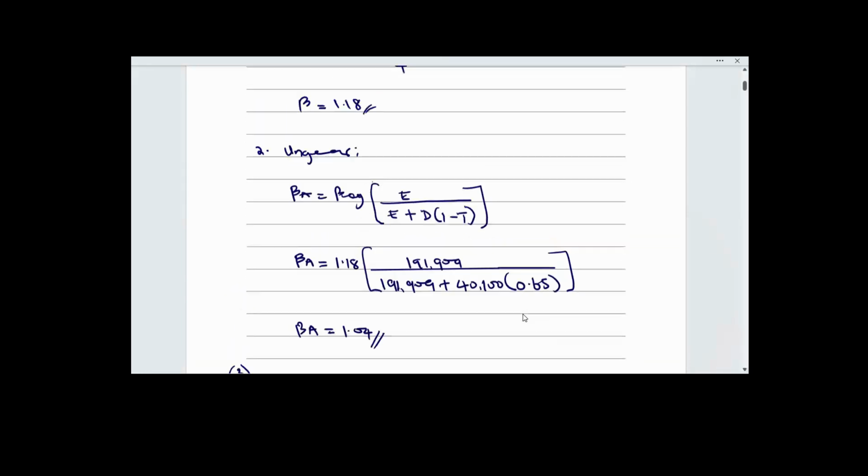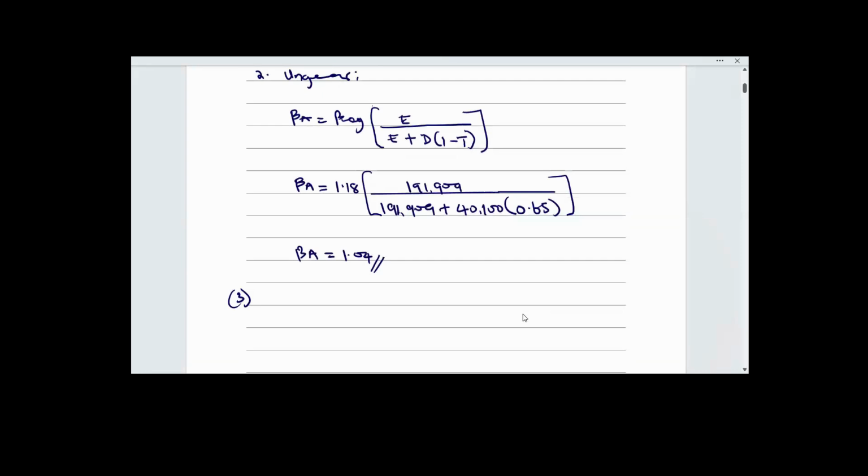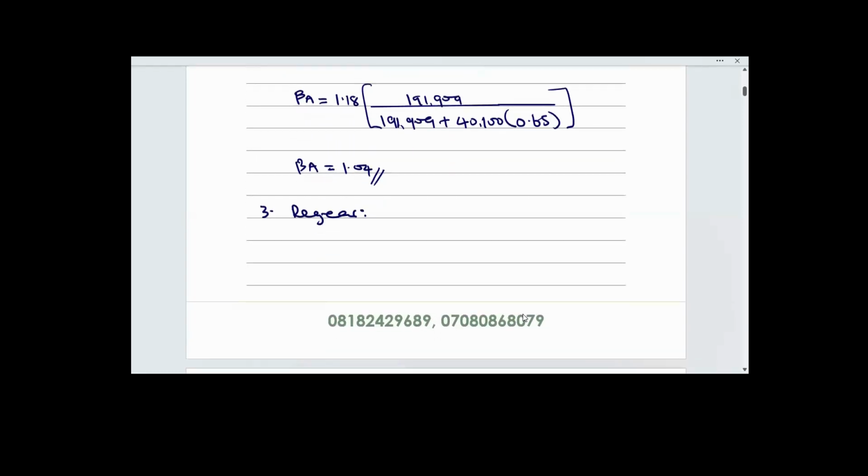Step 3 says we should regear to incorporate financial risk. So you regear. Again, there's no need for you to say regear to incorporate financial risk. Just do what you need to do.